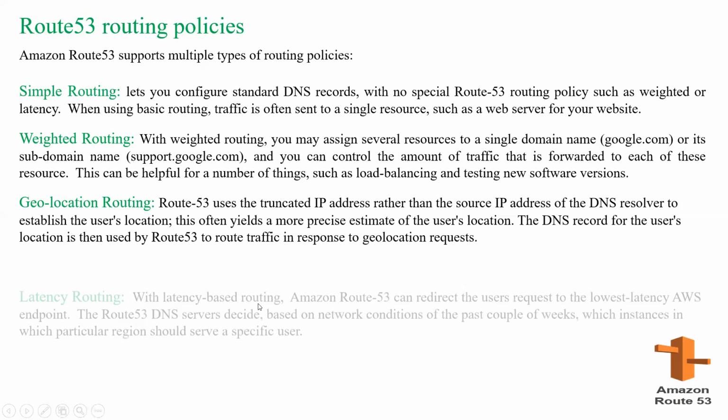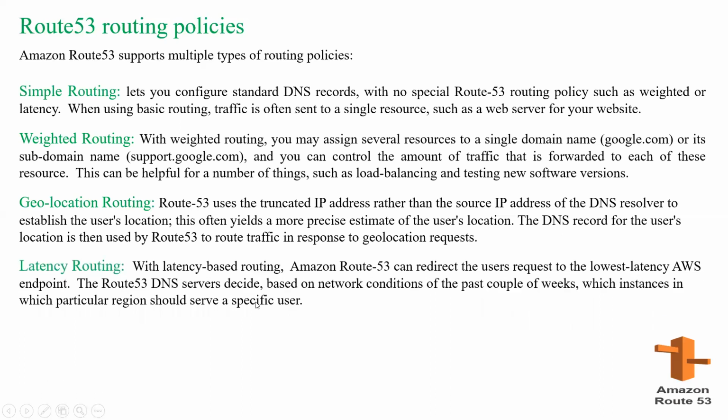There is one more, which is called latency routing. With latency-based routing, Amazon Route 53 can direct the user's request to the lowest latency AWS endpoint. That means if you have, let us say, 5 locations where you have created your web server, and all these web servers have the same web page content.